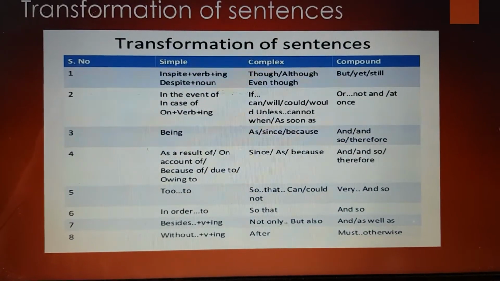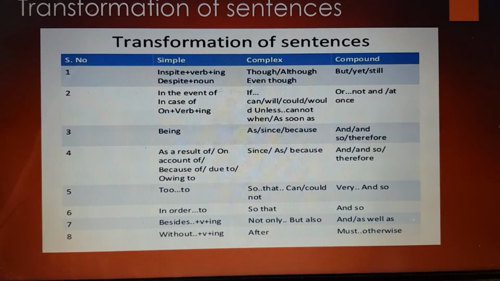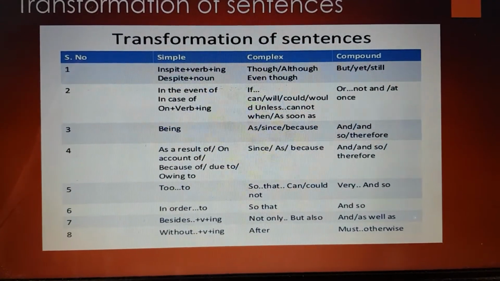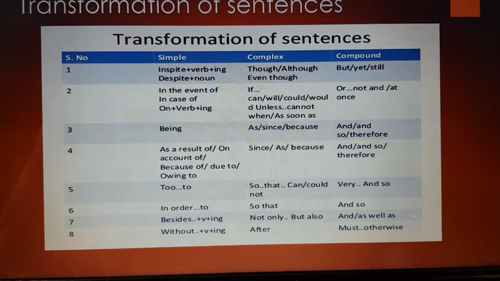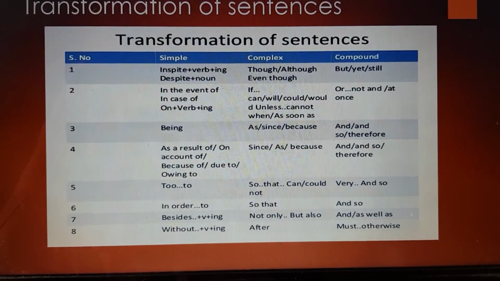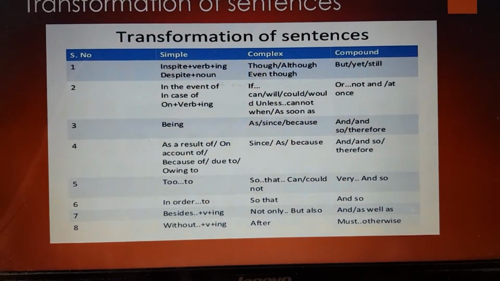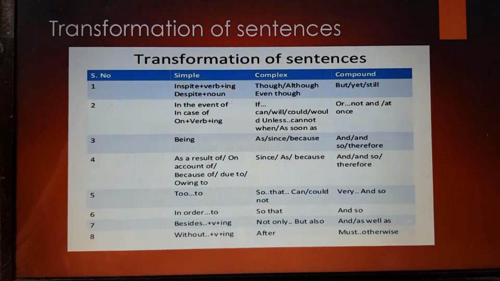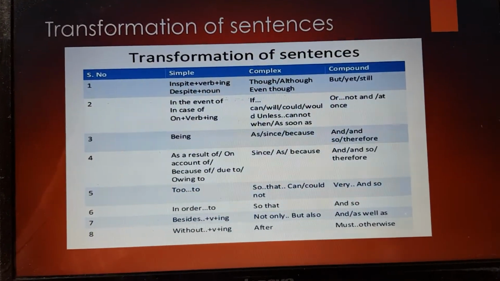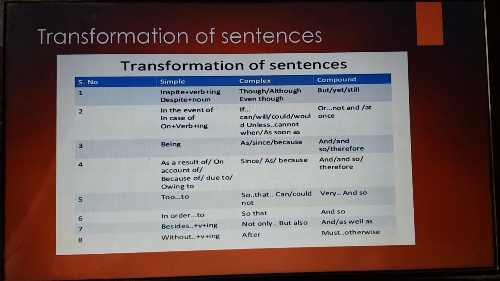This kind of sentence can be transformed into a complex one: though he is unhealthy, he attended the interview. Or: he is unhealthy, but he attended the interview. So you can look at these rules, and they will be helpful for you to transform a simple sentence into a compound sentence.